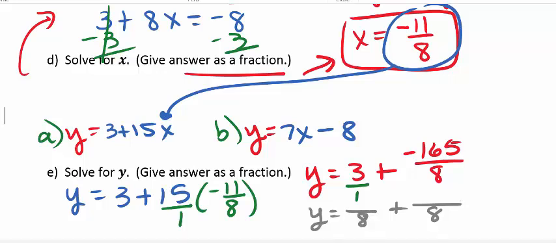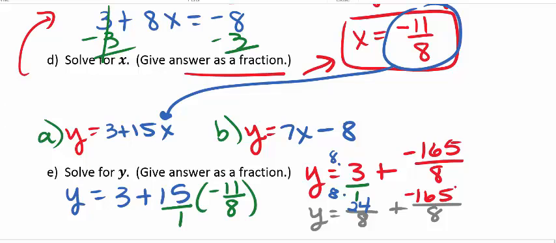To go from 1 to 8, I had to multiply by 8, so I have to do the same thing to the numerator. So 8 times 3 is 24. And then this negative 165 over 8 can just stay because it already has a denominator of 8.